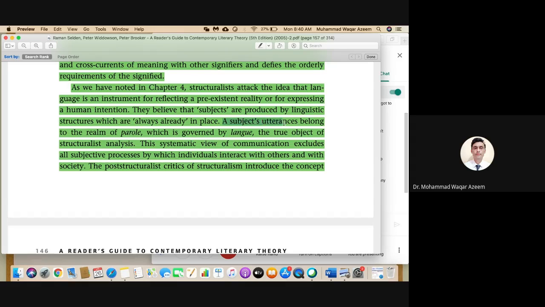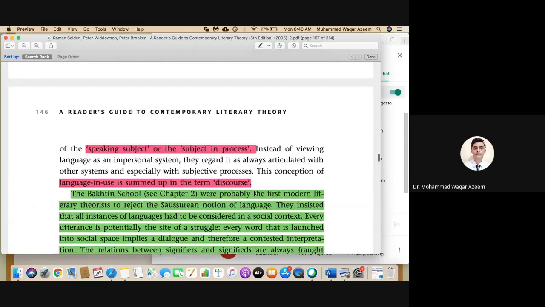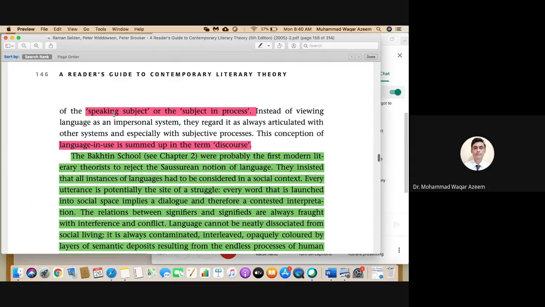So a subject's utterances belong to the realm of parole, which is governed by langue, the true object of structuralist analysis. This systematic view of communication excludes all subjective processes by which individuals interact with others and with society. The post-structuralist critics of structuralism introduced the concept of the speaking subject or the subject in process.